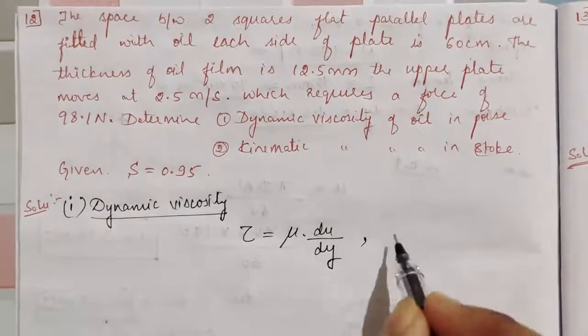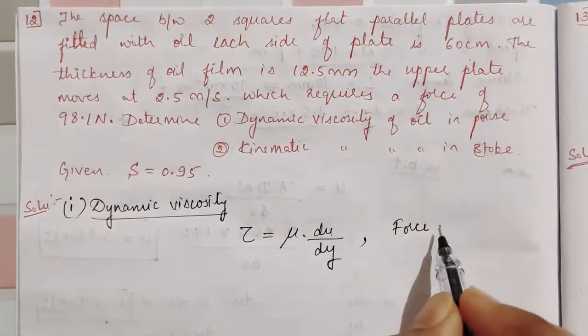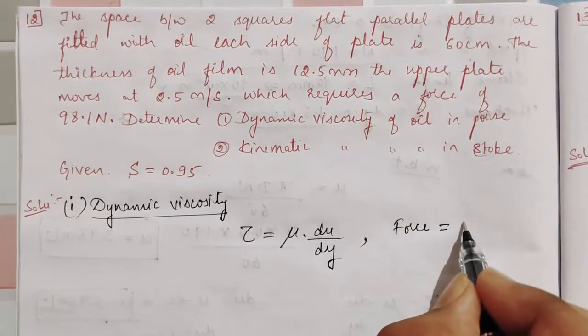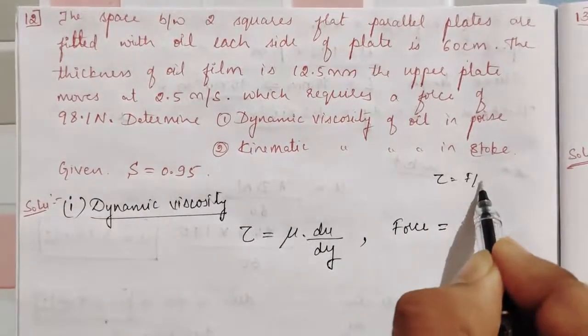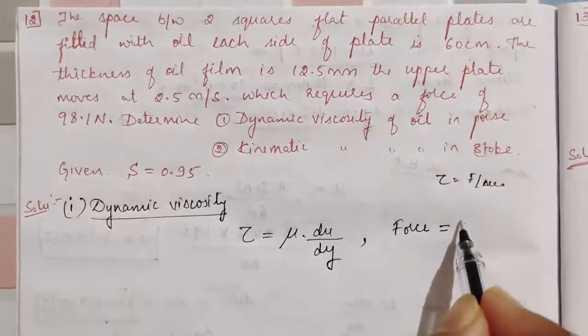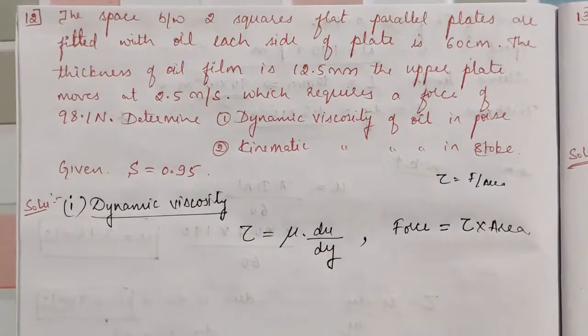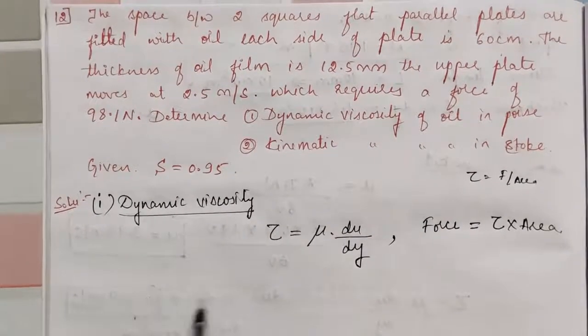Then again we know that tau is equal to force by area, so force is equal to shear stress into area.